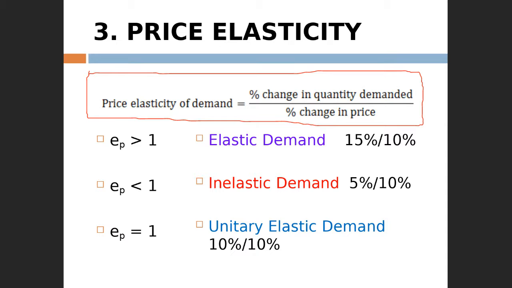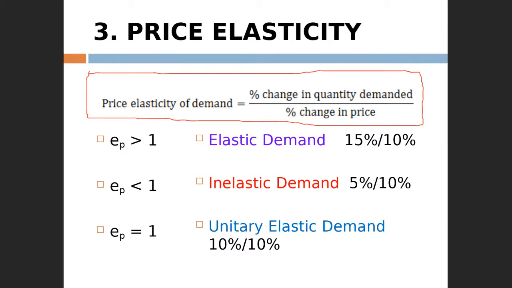So that is given by this formula: percentage change in quantity demanded by percentage change in price. So let me explain this concept of elasticity. Suppose the price of Budweiser beer goes up by 10%. What will happen to its demand? It's going to fall.